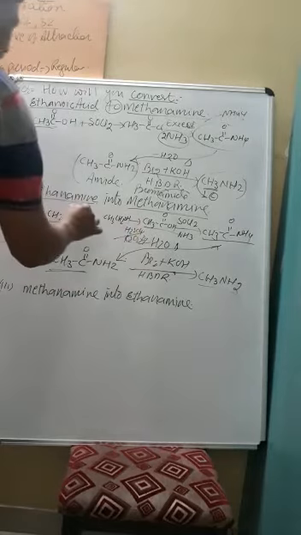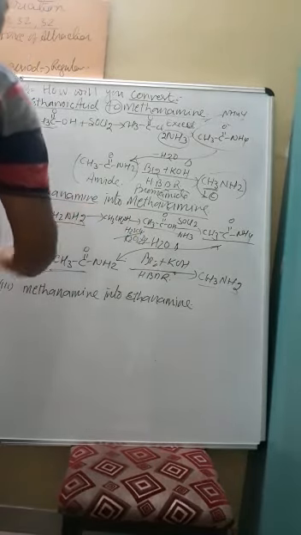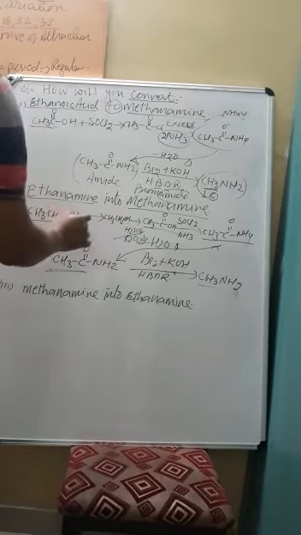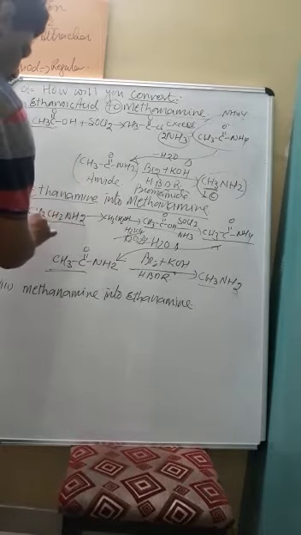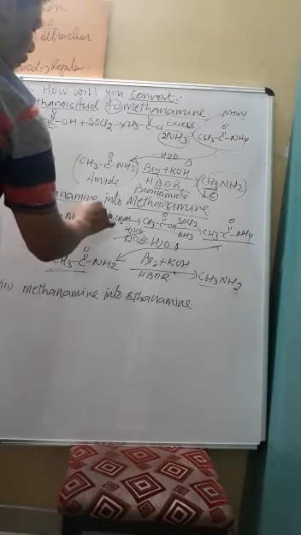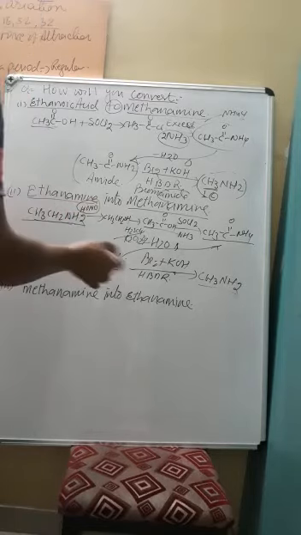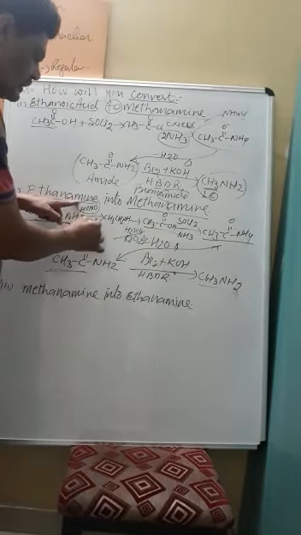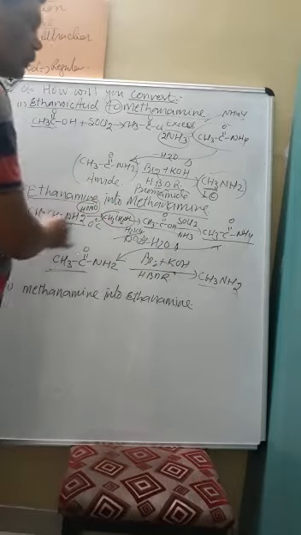Now the question is how to convert ethanamine into alcohol. The answer is ethanamine when reacted with HONO, that is nitrous acid.